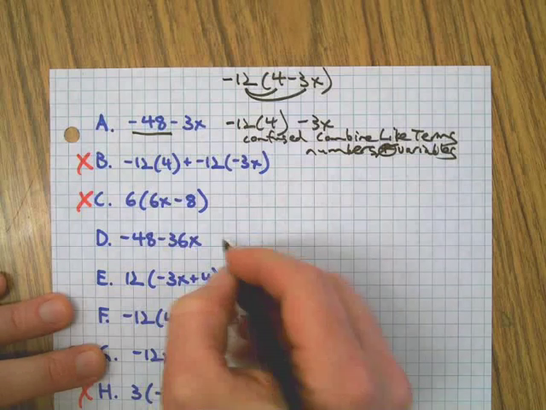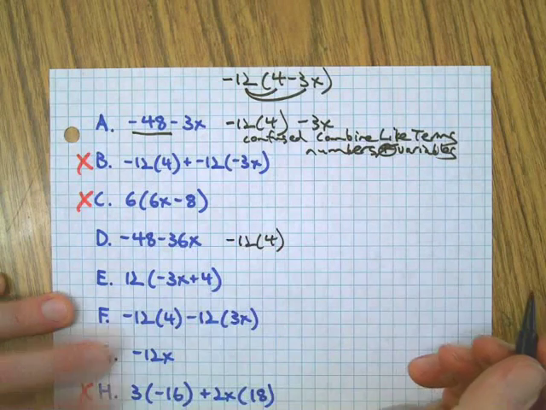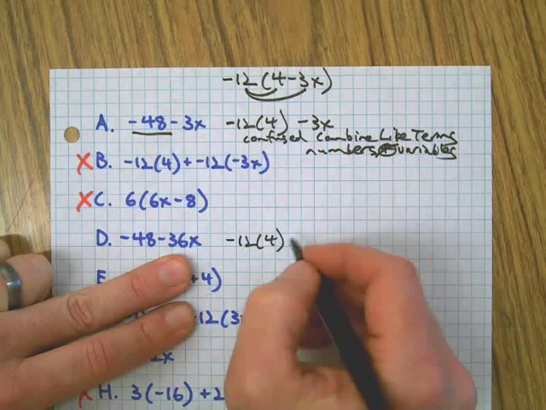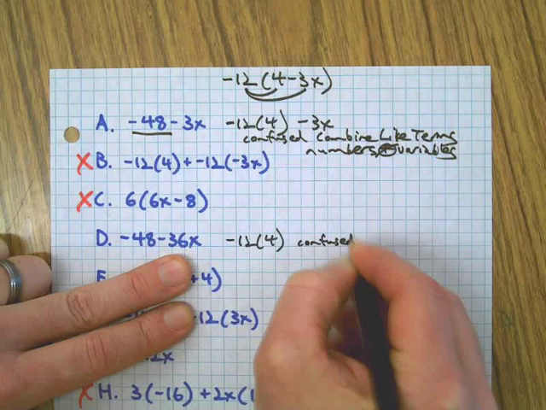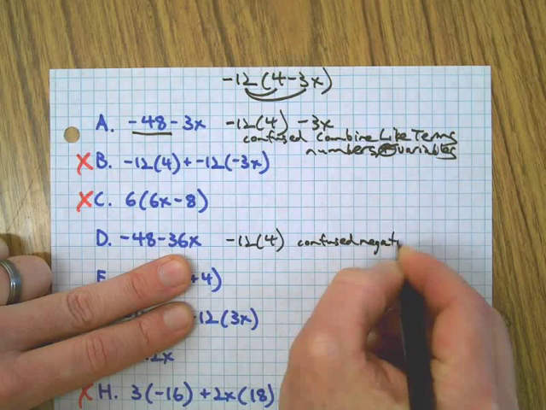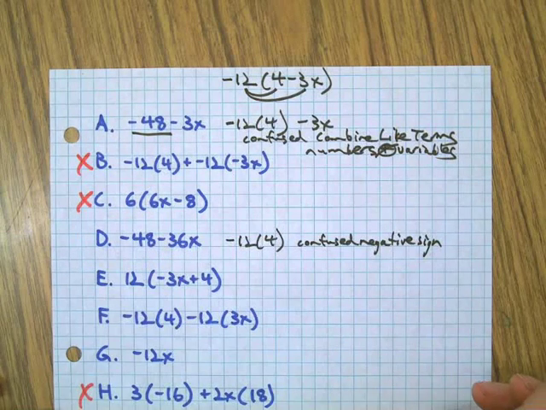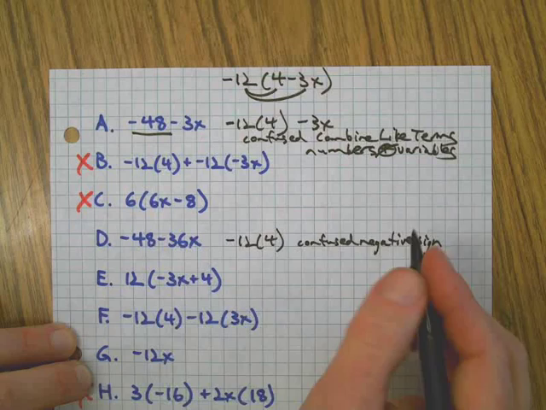Let's look at part D. D, I've got, they did the negative 12 times 4 just fine. How did they get negative 36x? Just got confused with the negative sign there. Right? A lot of people have trouble multiplying with parentheses and negative signs.